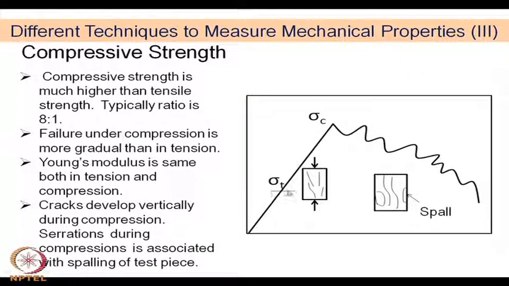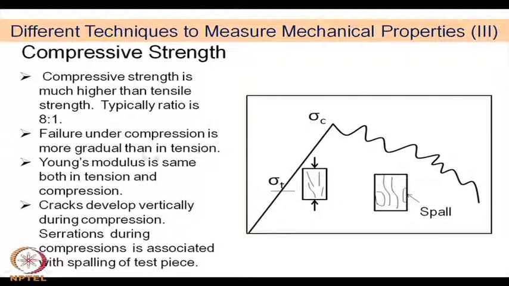The tensile load fractures here, but if you apply a compressive load, it can go up to a much higher level without fracture. The fracture or the deformation starts here in the compressive load. In the tensile load, it just goes up to that and fractures.